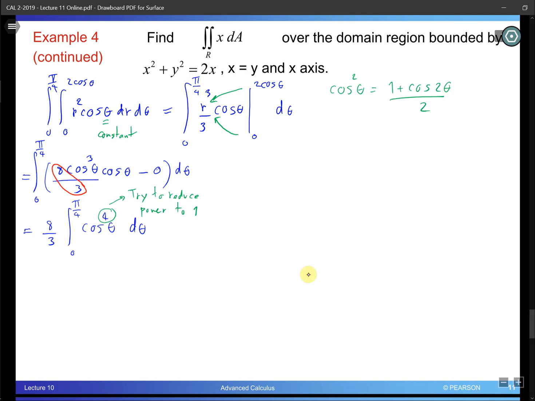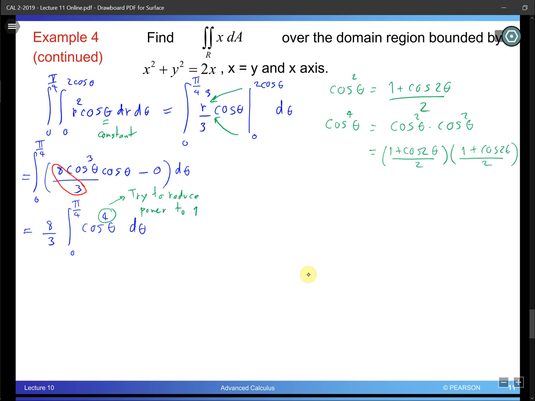We want cosine theta to the fourth, and we try to reduce this power of 4 to 1 somehow. So this is going to be equal to cosine theta squared times cosine theta squared, right? And we are going to use the first equation and substitute that here. We have 1 plus cosine 2 theta divided by 2 times the same thing, 1 plus cosine 2 theta.